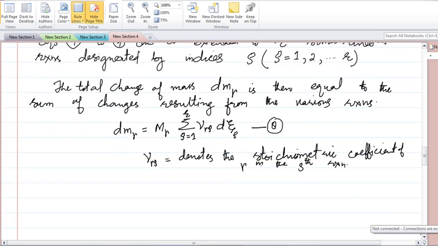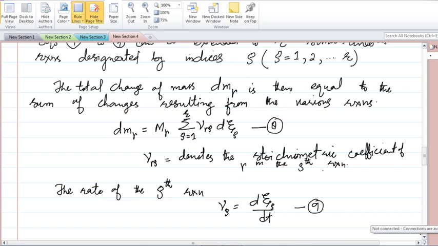So we can write the rate of the rho-th reaction as v rho will be equal to d zeta upon dt, but this is of the rho-th reaction.